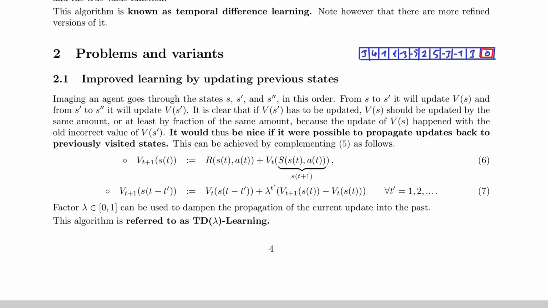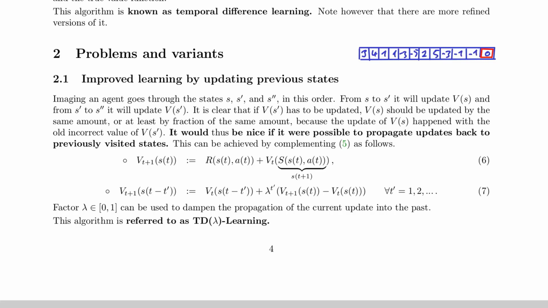Now we place the agent in some of these states, and then it has a choice of going left or right. If it wanders about for some time, and then in the end moves from the state with a 3 in there to the last state, then it learns that the value here should actually be -1.